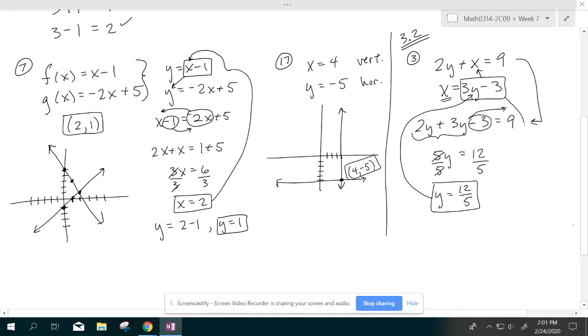And so then we're going to take this down here, and it's going to say x equals 3 times 12/5 minus 3. And then thank God for calculators. 3 times 12/5 minus 3 can be done easily electronically.